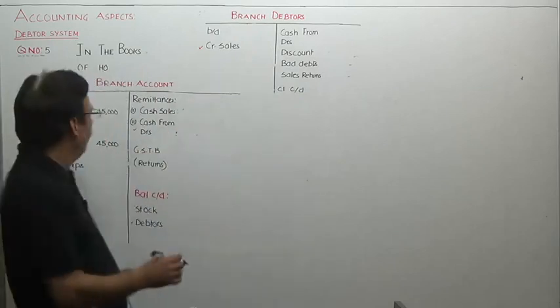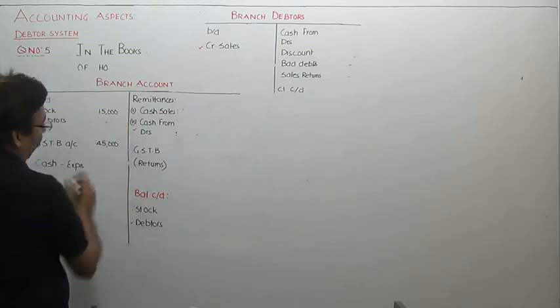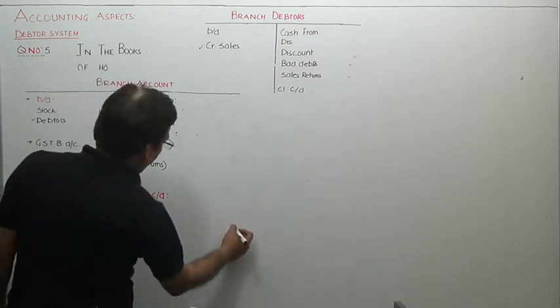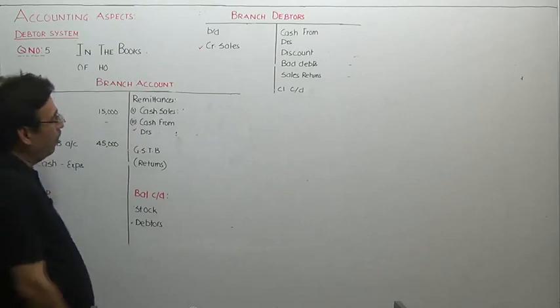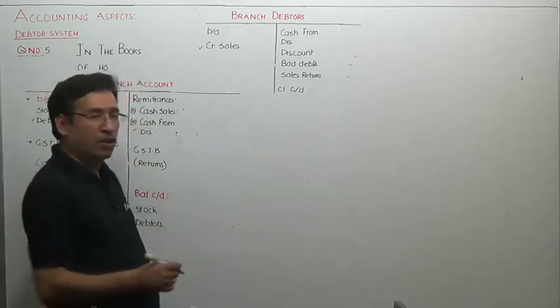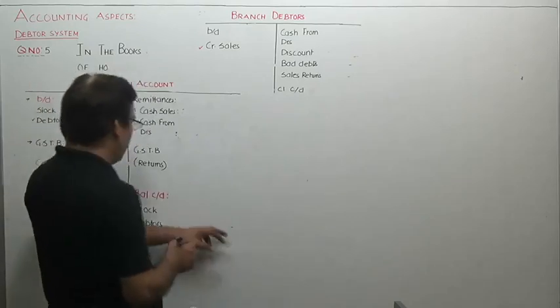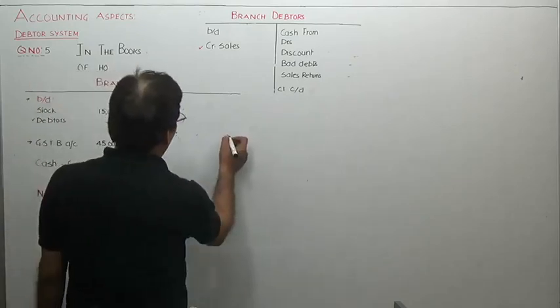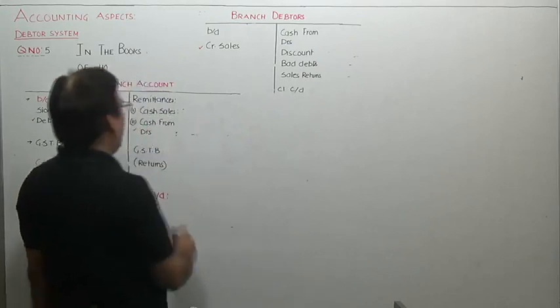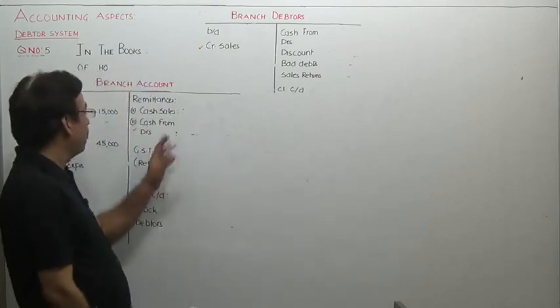Why? Simple. Because opening and closing debtors in the question are not given, so there will not be any transaction related to debtors. That means there will not be opening debtors, there will not be closing debtors, and of course there will not be any cash receipt from debtors.